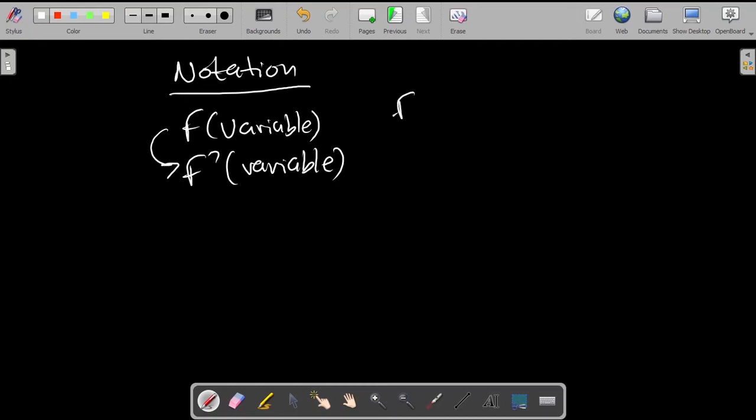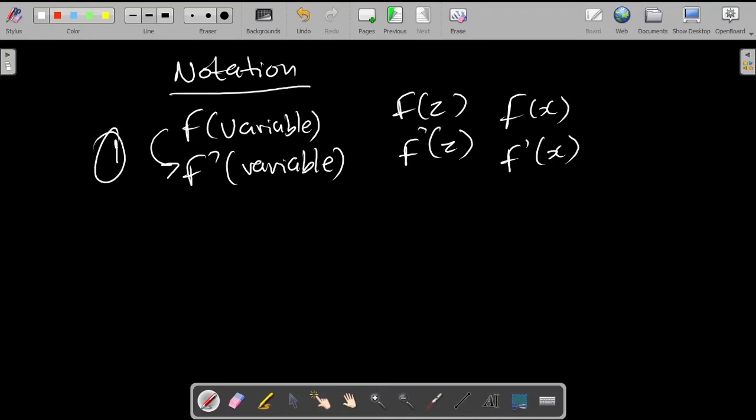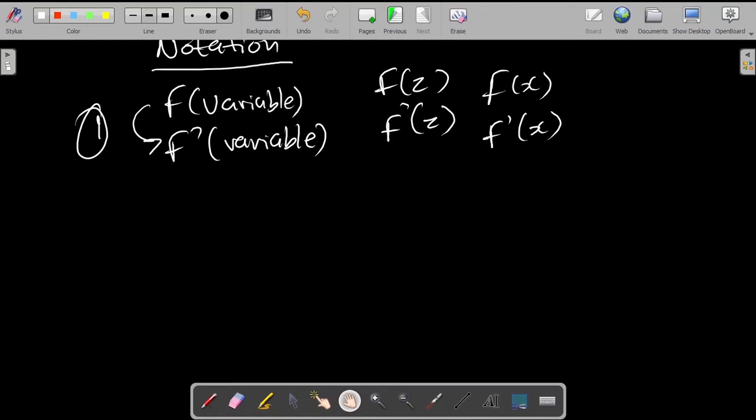For example, if you have a function of z, the derivative should also be with respect to z. If you have a function of x, which is usually the case, your derivative should be with respect to x. Now this is the first notation. So the top would be the original function, and then here you basically have your derivative, right?